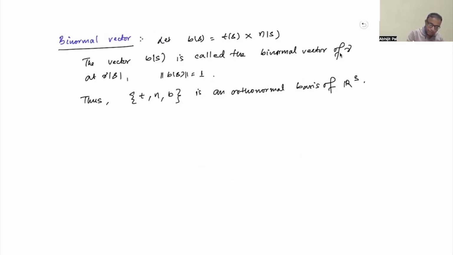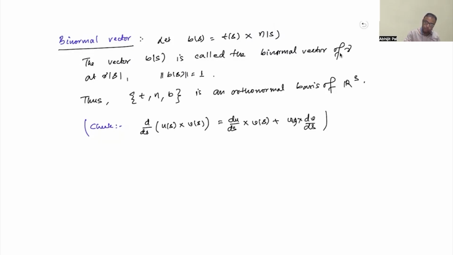So now observe this thing. First, check this. If I take the derivative of this vector product, this is equal to du/ds vector product with v(s) plus u vector product with dv/ds.